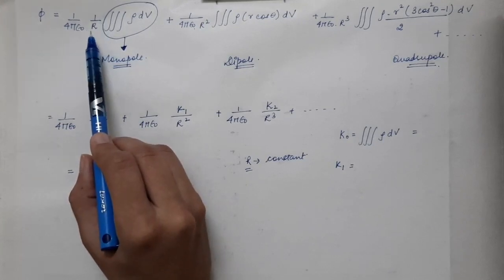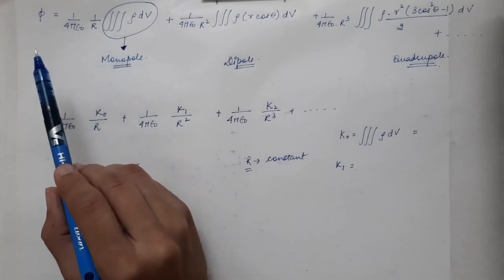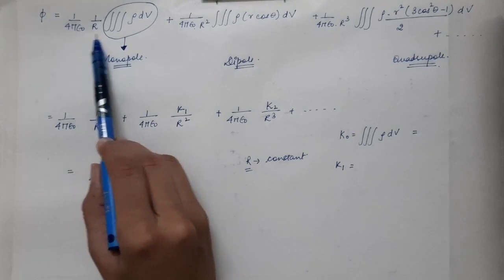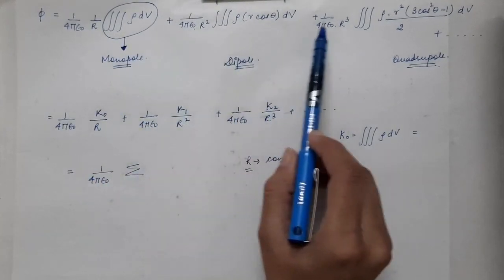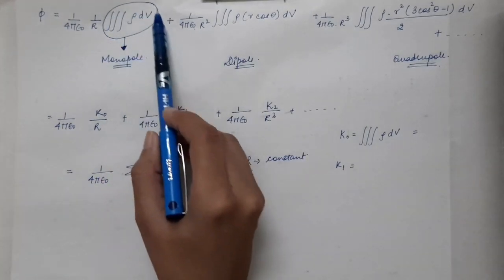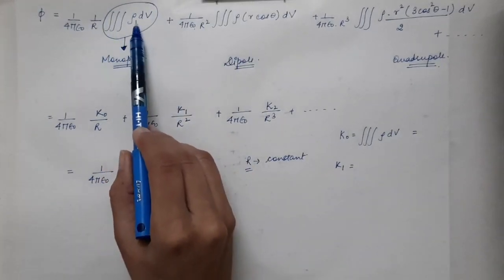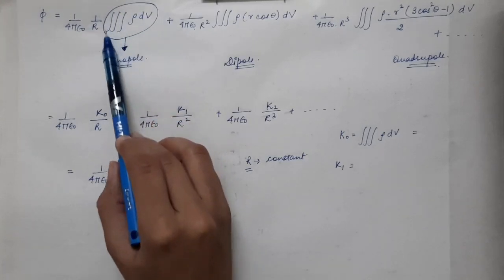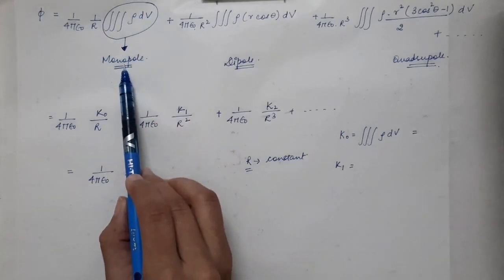We found the potential at that observation point due to the whole charge distribution. That potential came out to be equal to this first term plus this second term plus the third term, and so on. So this first term, the integral with rho into dV, is called the monopole.